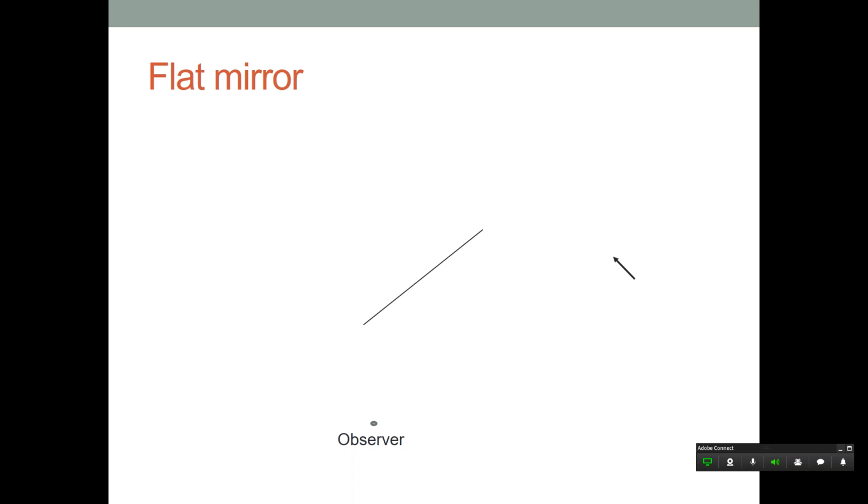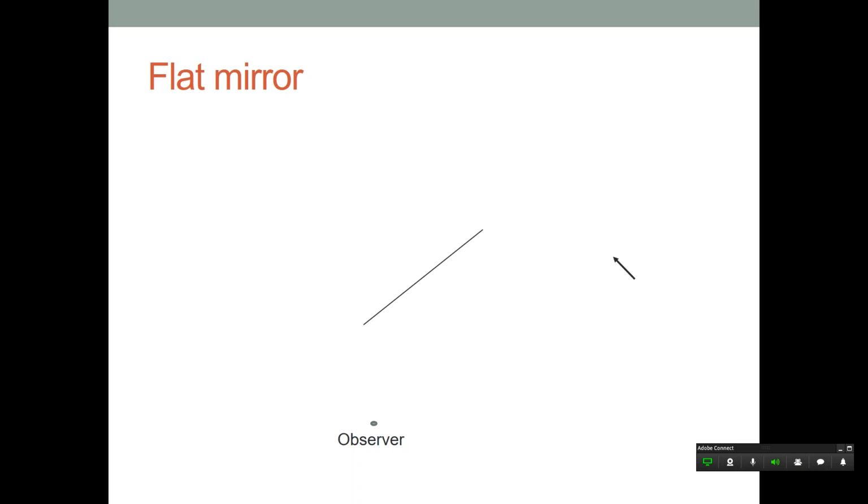Okay, so if this is a flat mirror, which law do I need to obey in order to find the reflected angle? Yeah, it's the same angle. The law of reflection. I draw my normal line wherever my ray hits my mirror, and this is going to be my incident angle. I have to draw for each of them the same angle, but on the other side of the normal line.